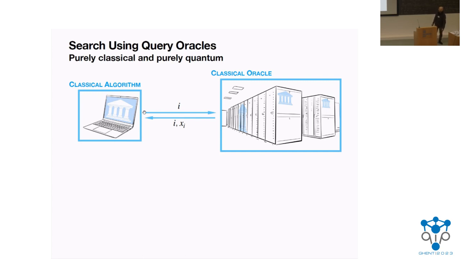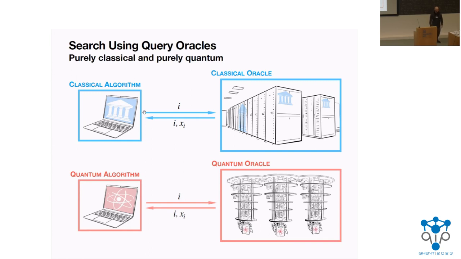Similarly, in a purely quantum setting, we have our quantum machine, which interacts with a quantum oracle. And I think the main advantage of the quantum oracle is the ability that we can query it in superposition.